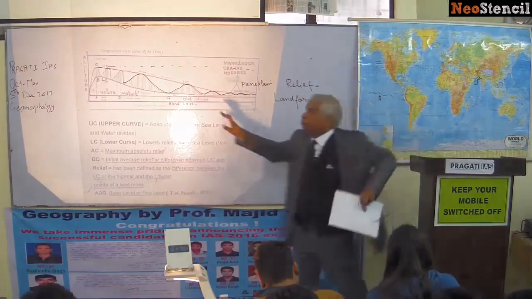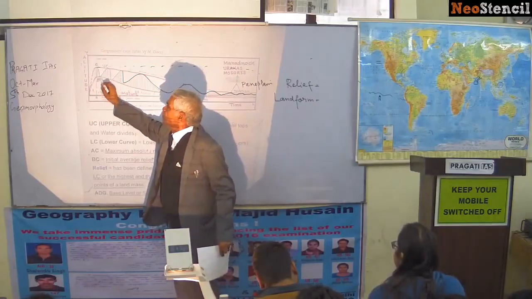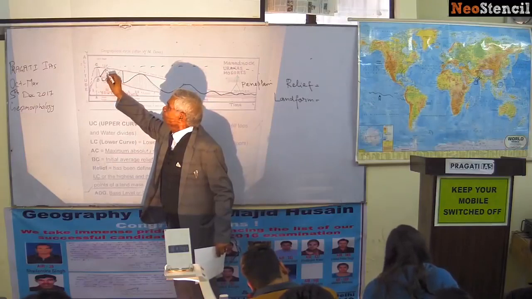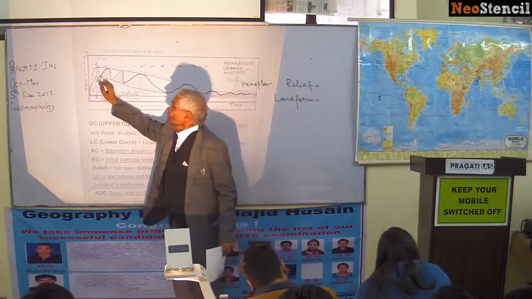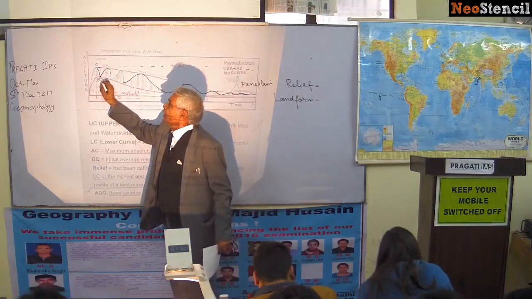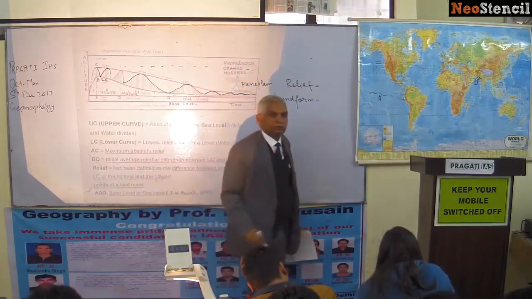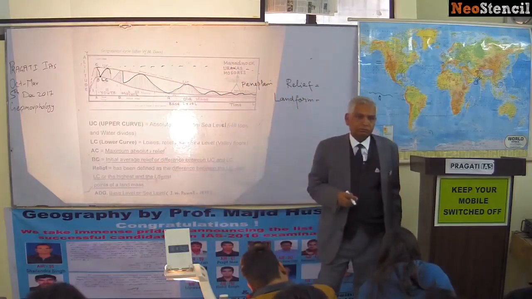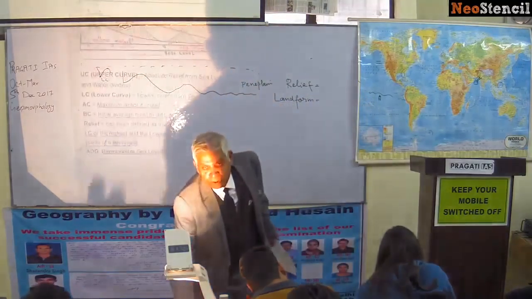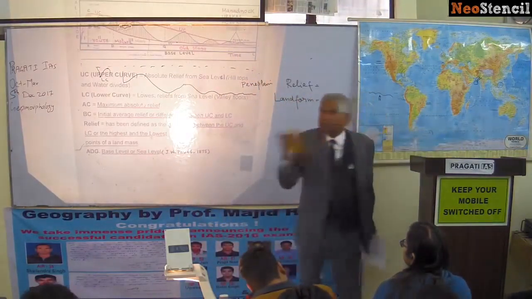Landform is the difference of UC, upper curve, and lower curve. This is LC. If there is a river flowing here, the distance or altitude between this point and this point is known as landform or relief feature. So somewhere you have to give the explanation of what do I mean by UC and LC.